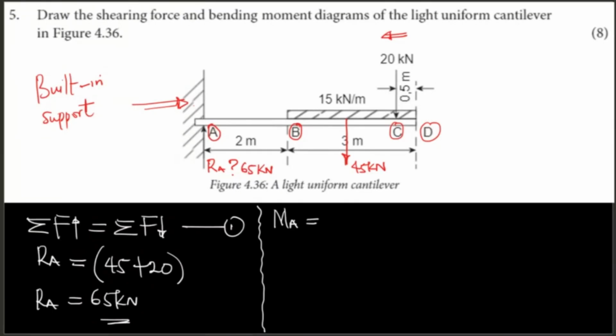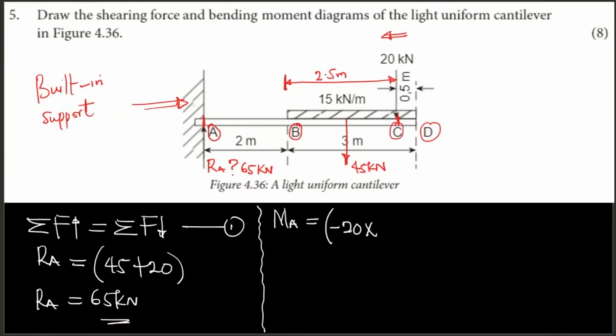I'm going to take my force. I have 20 there because 20 is facing down. So I'm going to write this as minus 20 multiplied by what? The distance from that point here to the support is 4.5, because the distance between this is 2.5 meters.